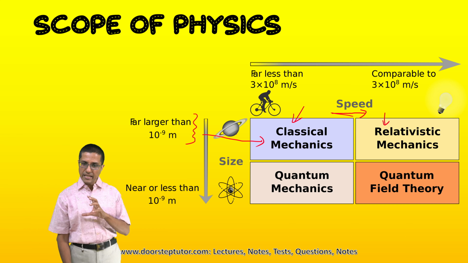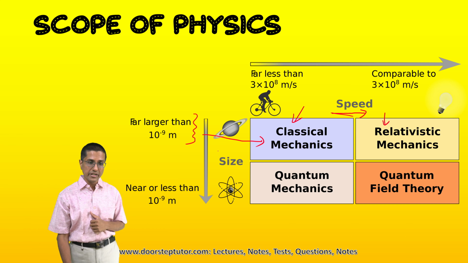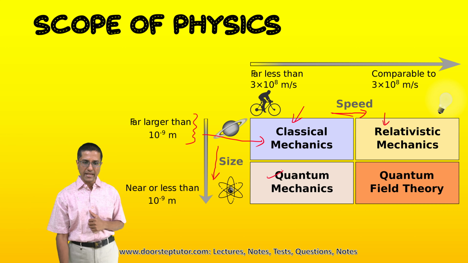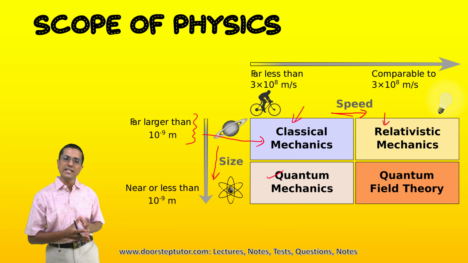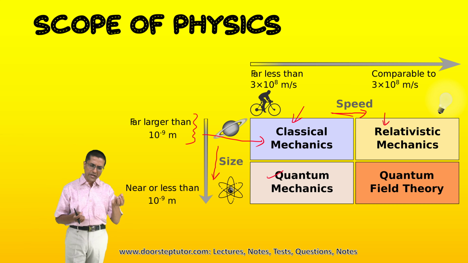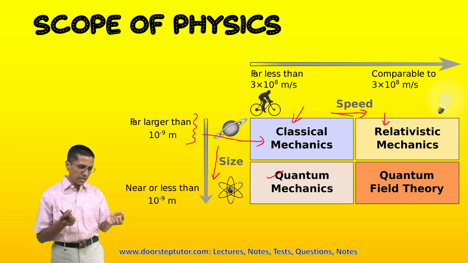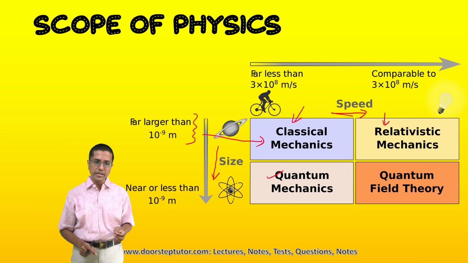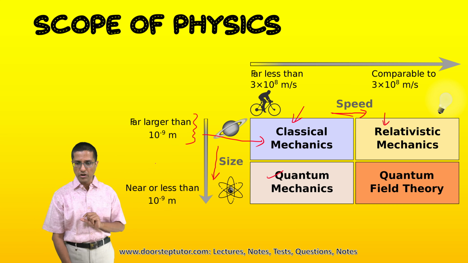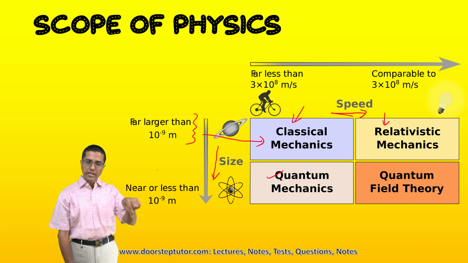Now, if I decrease the size, then I come under the realm of quantum mechanics. Quantum mechanics is, like we said, the mechanics of the very small, the tiny, even inside the atom. If I am going there, then I have to deal with quantum mechanics: atoms, molecules, and even beyond that.